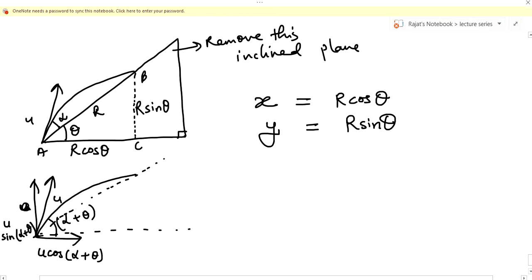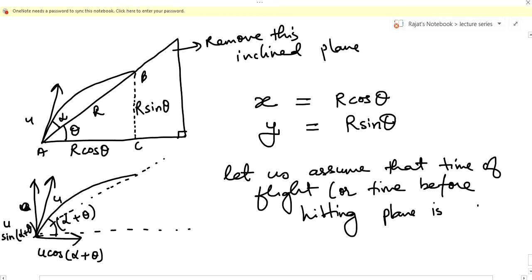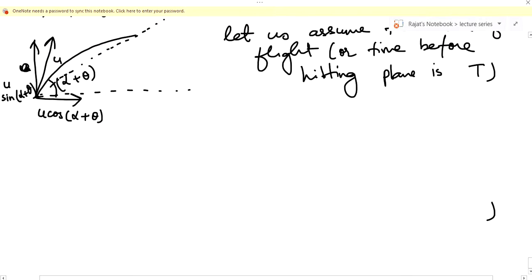Let us assume that the time of flight, or time before hitting the plane, is capital T. It's not necessary that the projectile will complete the entire trajectory because it is hitting the inclined plane beforehand, so the total time is T. The x displacement will be nothing but the horizontal component of velocity into total time T, because this is a simple projectile problem and there is no acceleration in the x direction.